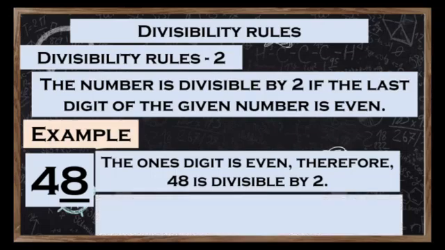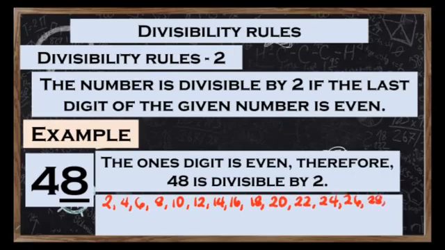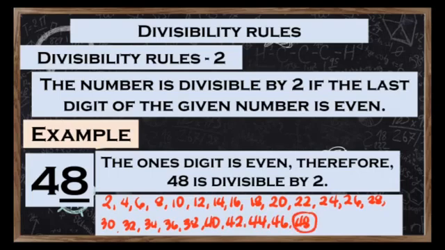Let us check. 2, 4, 6, 8, 10, 12, 14, 16, 18, 20, 22, 24, 26, 28, 30, 32, 34, 36, 38, 40, 42, 44, 46, and 48. So 48 is a multiple of 2, therefore 48 is also divisible by 2.